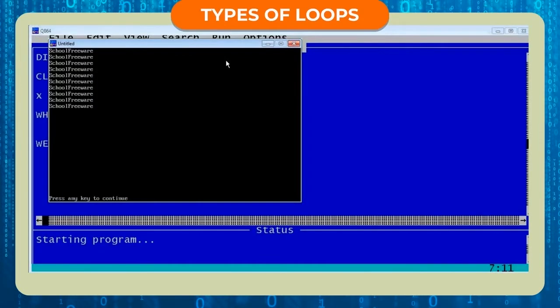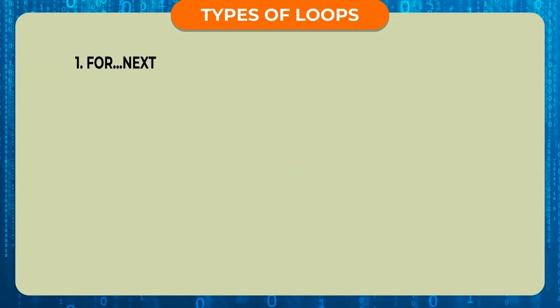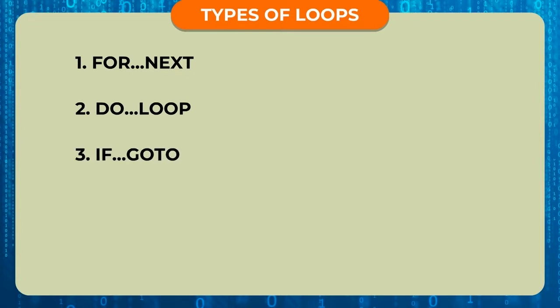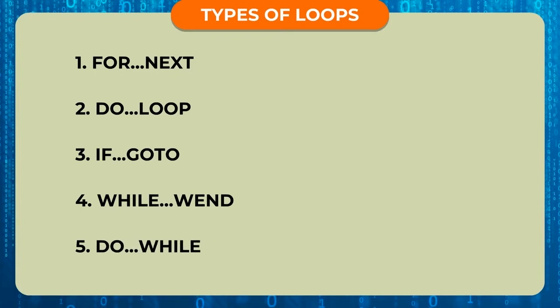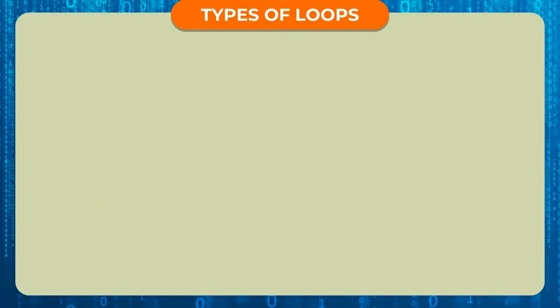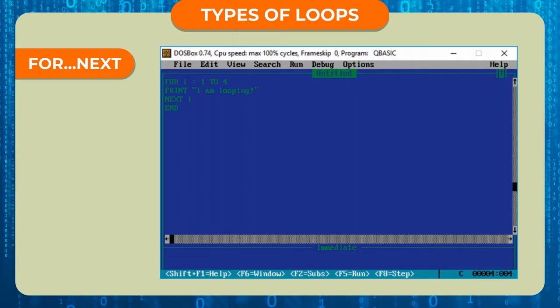Types of loops. There are different types of loops: for next, do loop, if goto, while wend, do while. For next can be referred to as a self-incrementing loop.